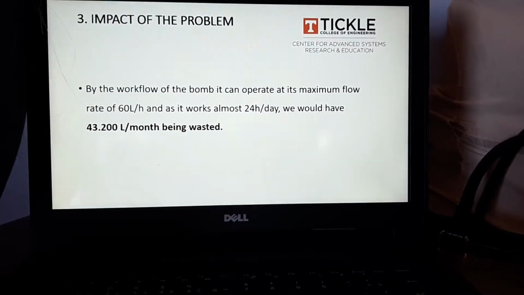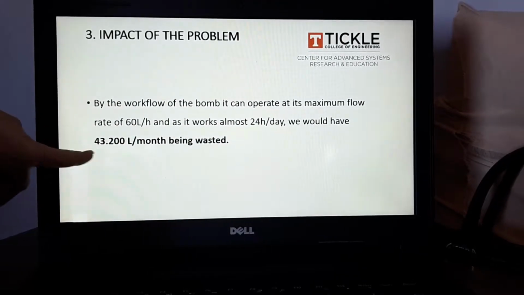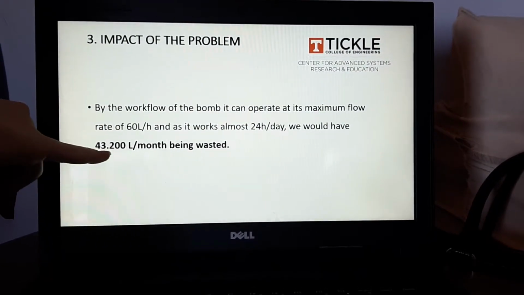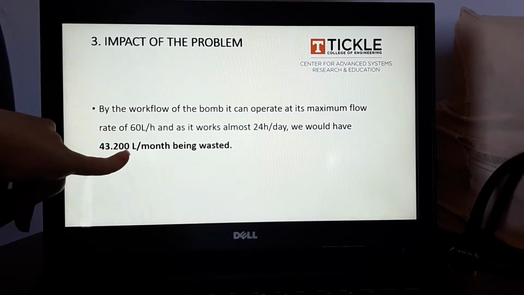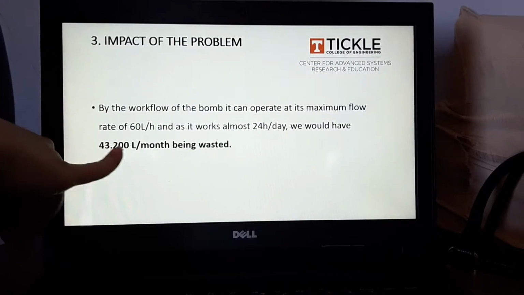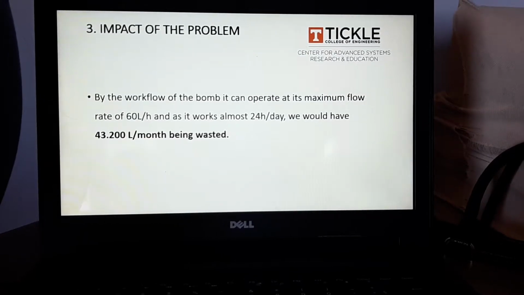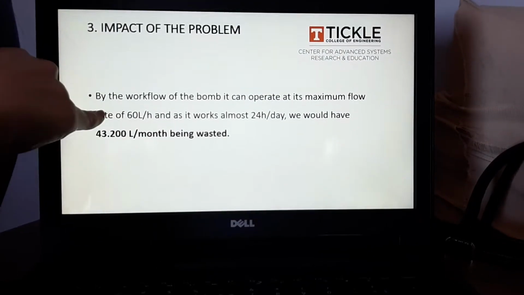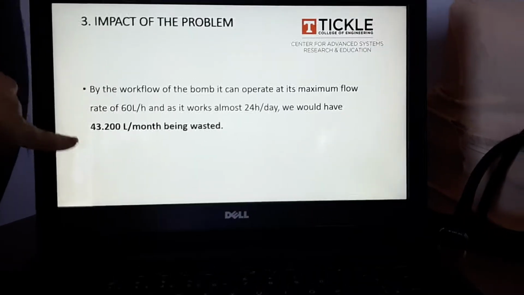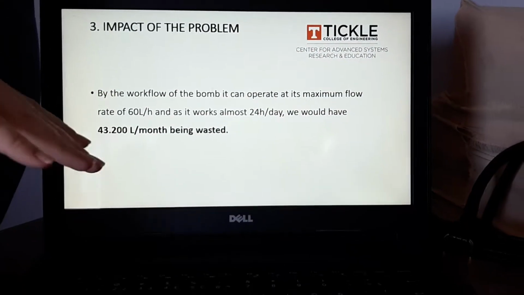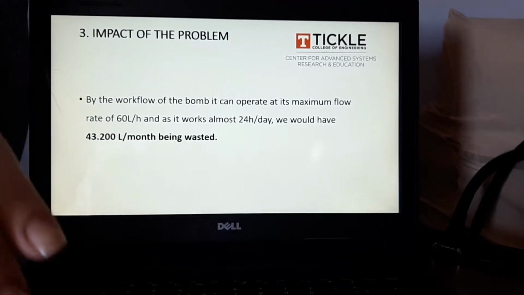So it's a very huge work, and in a month we would have this value, 43 million and 200 liters per month being wasted, okay? So it's a huge value, and if they don't spend this, obviously we're going to impact their water index, okay? So it's a huge problem.